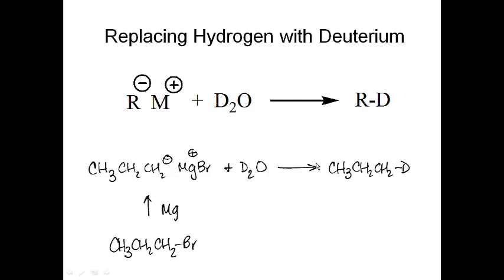Now, in your textbook, they talk about the side reactions of Grignards. A side reaction, you know, from lab, is kind of an unwanted reaction. So one of the side reactions is that, if you're not careful, you can end up killing your Grignard.